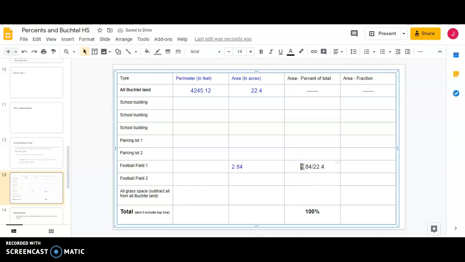Does it work in here if I put an equal sign? I wonder. Nope, it doesn't. So you're going to do 2.84 divided by 22.4. I'm going to use my cell phone calculator and say 2.84 divided by 22.4, and I get 0.126. And what percent is that?